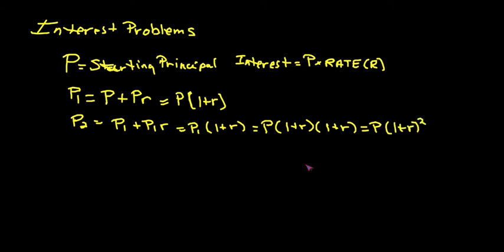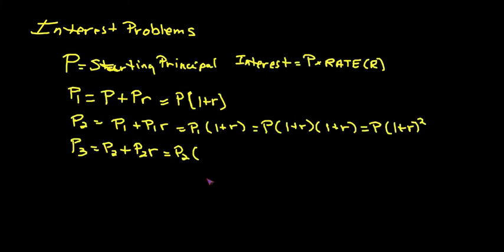So let's do one more. We want to find out what we have after 3 years. So we would have to take what we had after 2 years, and then also take that amount of interest. So, like we did before, we can factor out a P sub 2. We're left with 1 plus R. And again, P sub 2, our previous line, simplified down to this form.